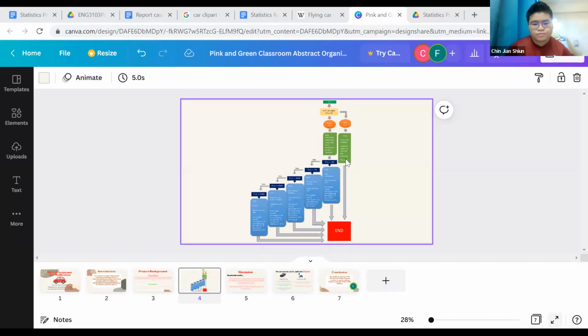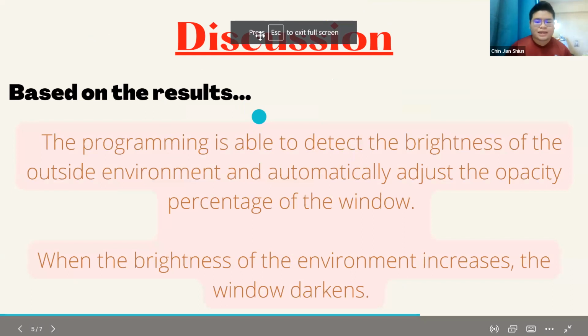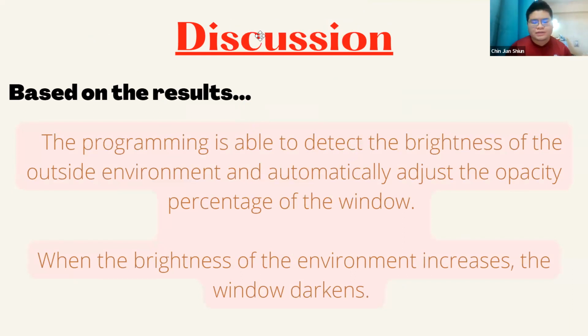Now my friend will take us to our discussion. In the end, we can create a program that is able to detect the brightness of the outside environment and automatically adjust the opacity percentage of the window. So when the brightness of the environment increases, the window darkens. Our program is basically split into two parts.